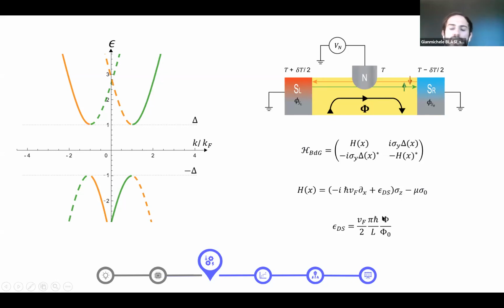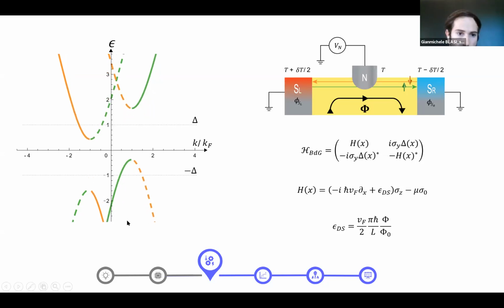The role of this Doppler shift is to shift, as you can see, the curves of the eigenspectrum, and more precisely, the strength of this shifting is given exactly by this epsilon DS. You know, when this Doppler shift energy equals the gap, then this parabola touches the zero energy level.